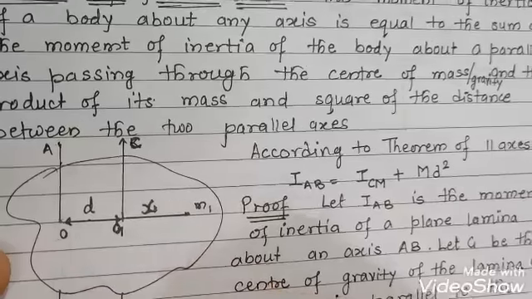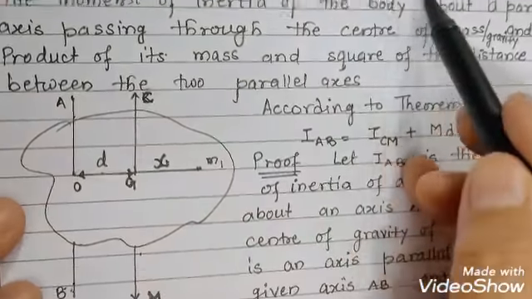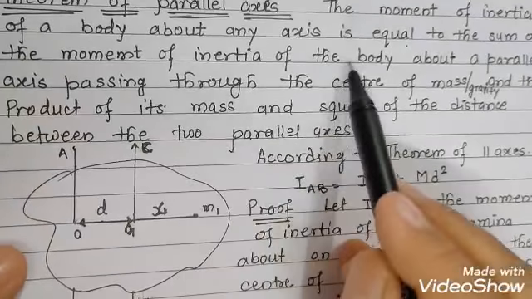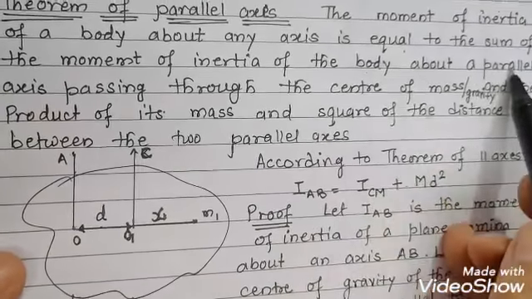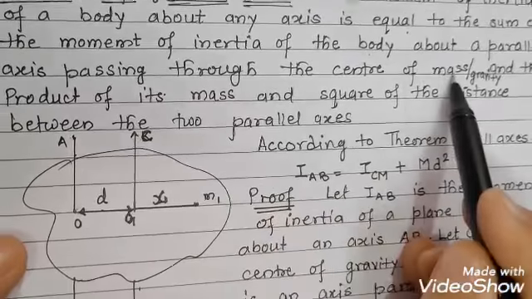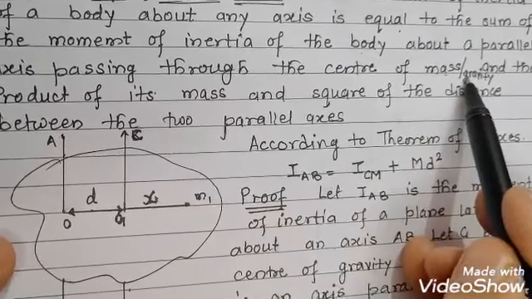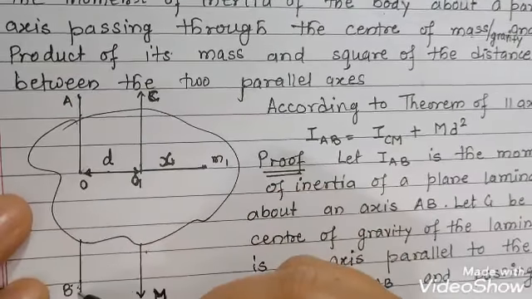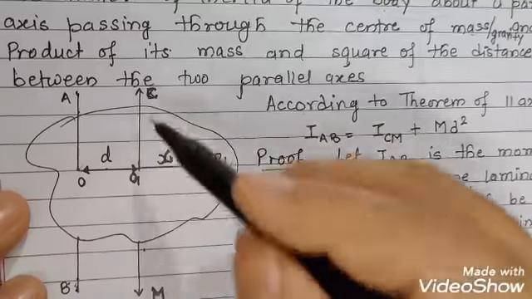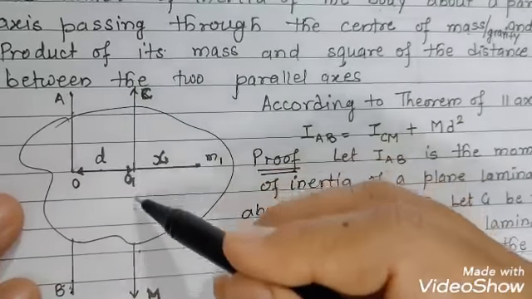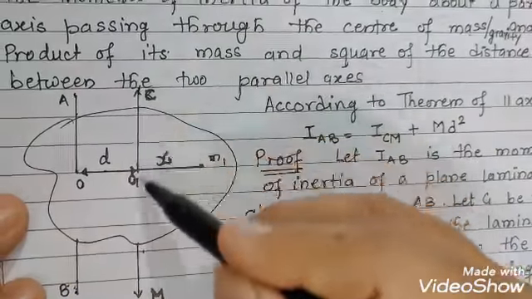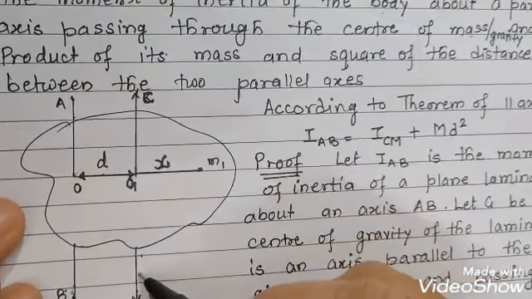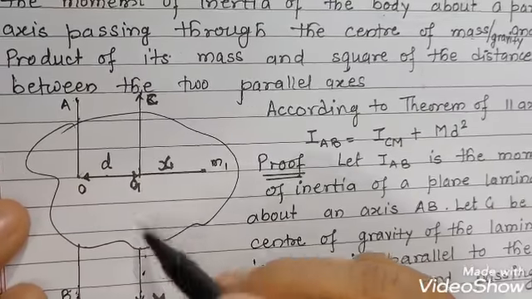That is AB. And that will be equal to the sum of the moment of inertia of the body about a parallel axis passing through the center of mass or gravity. That means the moment of inertia about AB will be equal to the sum of the moment of inertia about CM. This CM is the rotational axis that is passing through the center of mass.